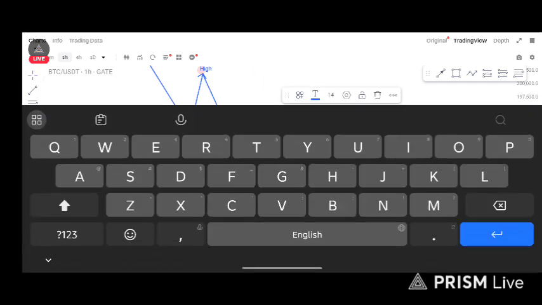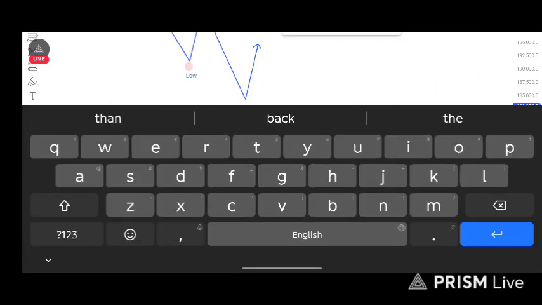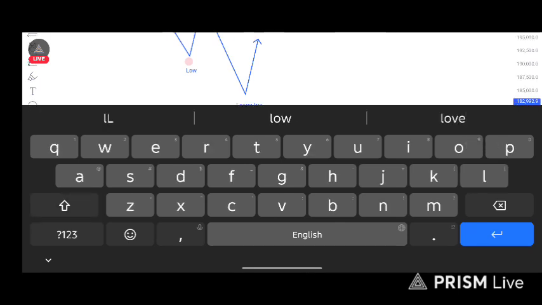So this is a lower low because it is lower than the previous low, and we call it LL, lower low.